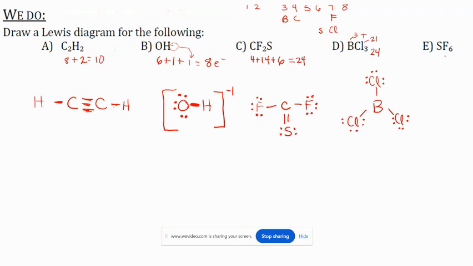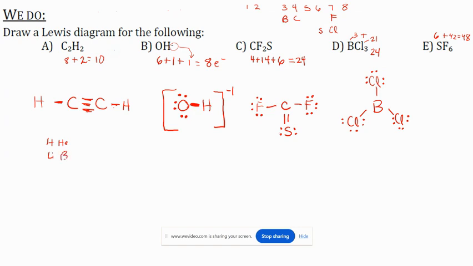The next one then we're going to talk about is sulfur. So sulfur has 6. Fluorine has 7, but we've got 6 of them. So that's a total of 6 times 7, 42. And that gives us 48 total to be able to play with. All right. Now, let's talk periodic table here. When we looked at our periodic table, we had our hydrogen and our helium here.